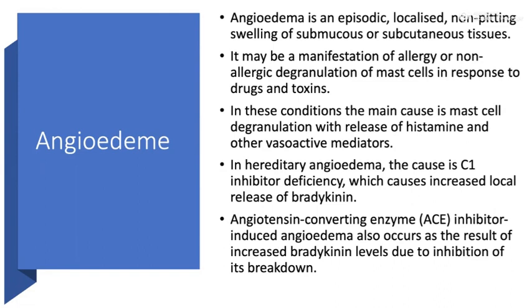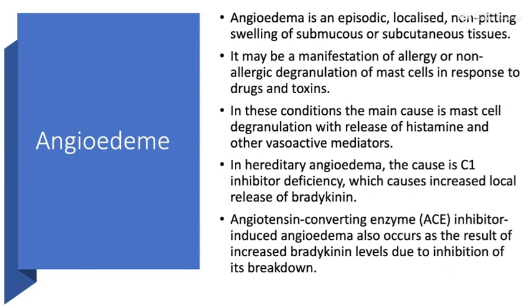We have a type called hereditary angioedema. The cause here is C1 complement 1 inhibitor deficiency, which causes increased local release of bradykinin. Angiotensin converting enzyme inhibitor induced angioedema also occurs as a result of increased bradykinin due to the inhibition of its breakdown.